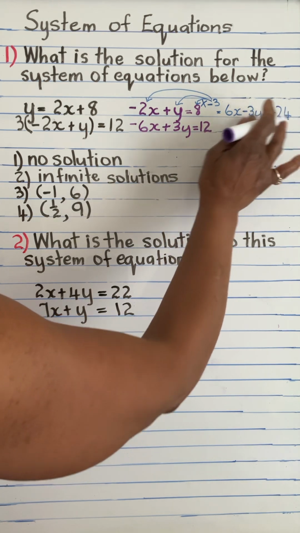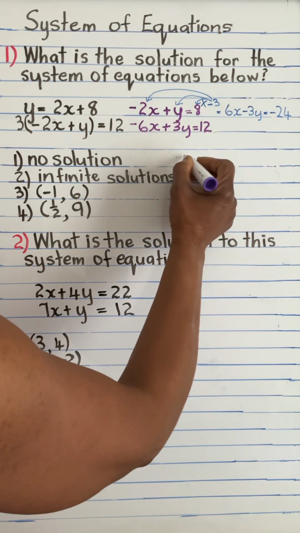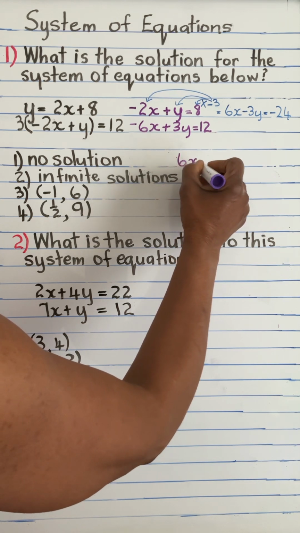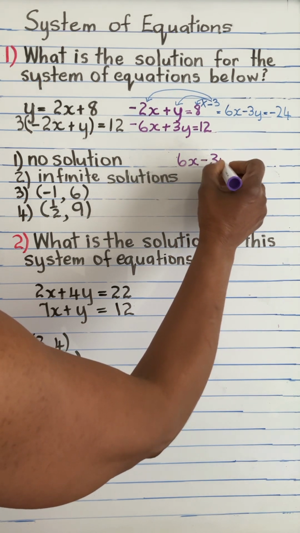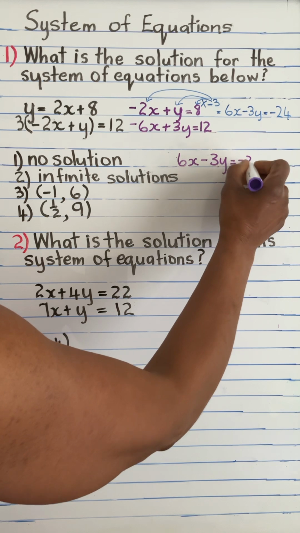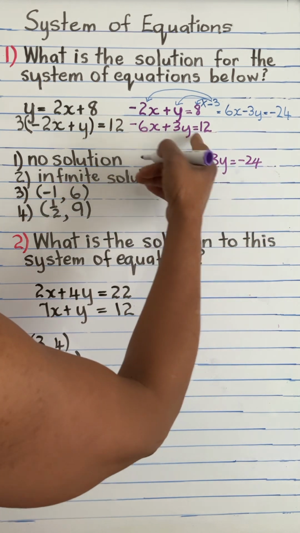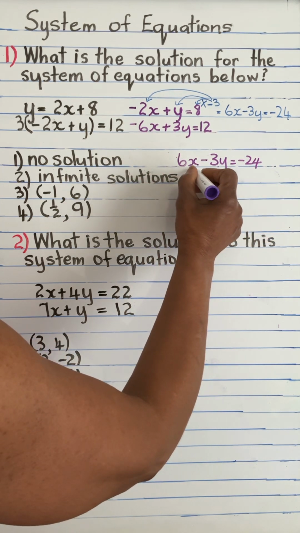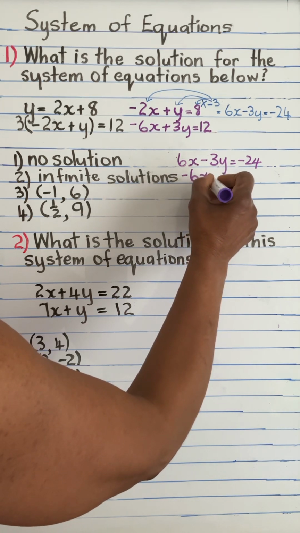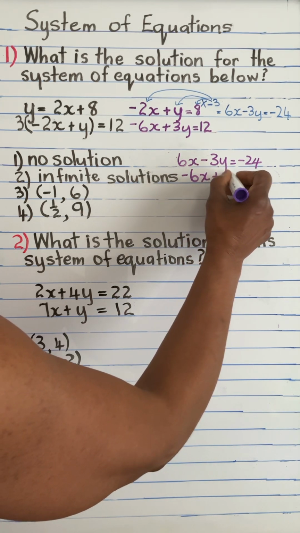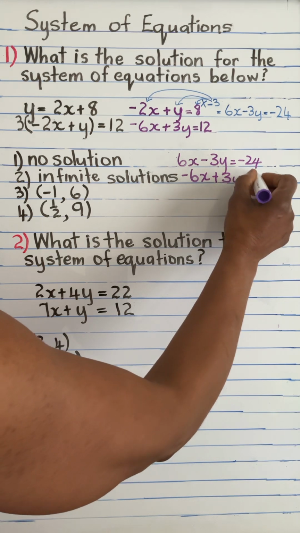This is what we're working with: 6x minus 3y is equal to negative 24, and then this one, negative 6x plus 3y is equal to 12.